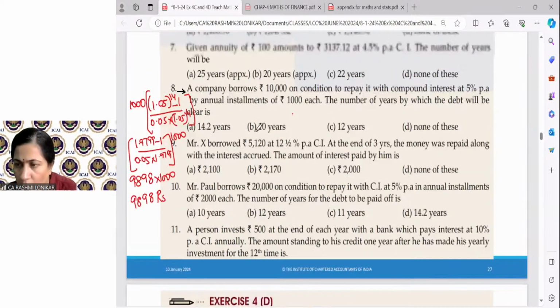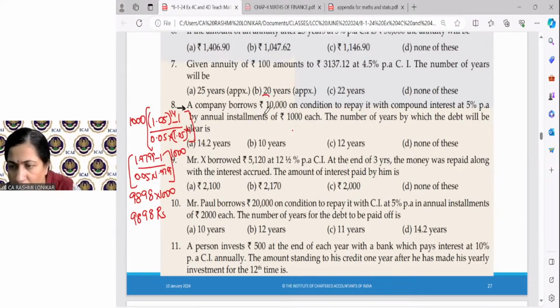What is the loan amount? The loan amount is 10,000. This is very near 10,000. This and this are matching, so this will be the answer.